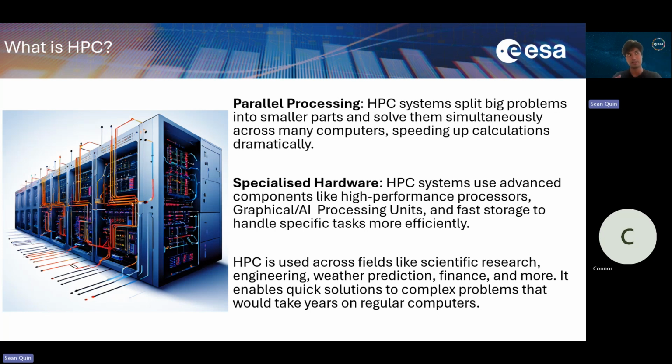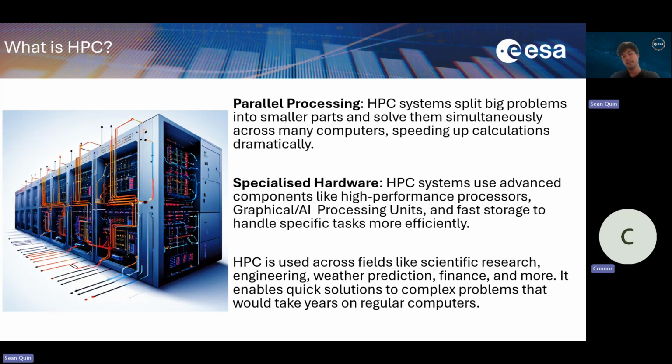On an HPC system, you can expect numbers like 192 cores on a single CPU, etc. Obviously, you also have much more powerful graphical processing units, AI processing units. You have very fast storage access, as well as much larger storage. And HPC is used in a wide variety of fields: scientific research, engineering, weather prediction, finance, and more. Again, it enables quick solutions to complex problems that would take years on normal computers.